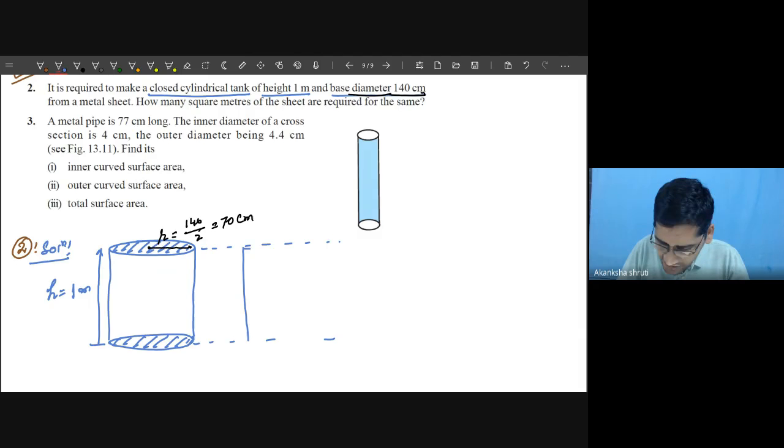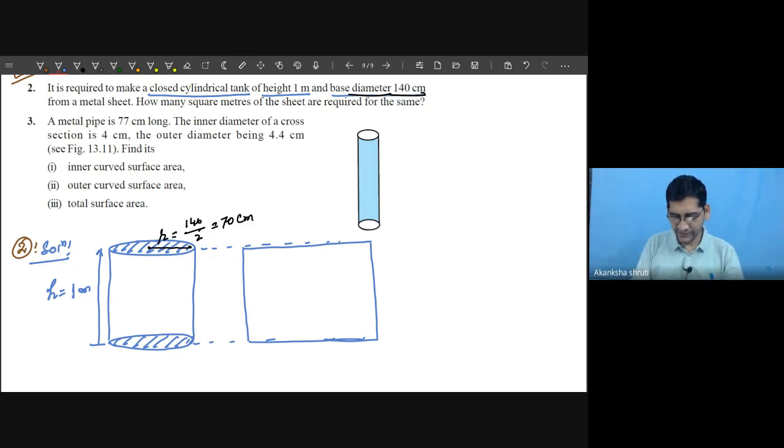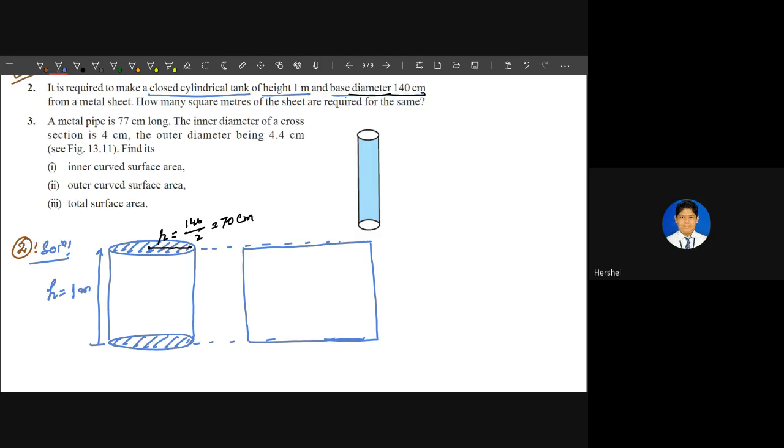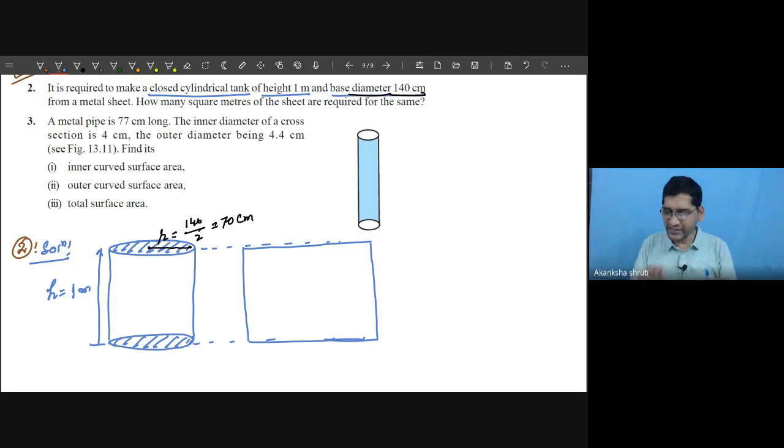If you cut it along the height, you will get such a rectangular sheet that is to be rolled to get the curved surface, like a plane paper can be rolled to get the cylinder. In addition to this, we have to make another 2 circles.